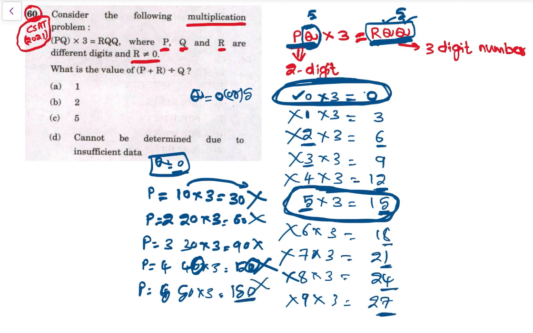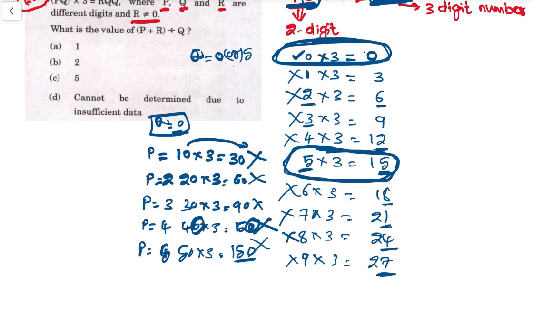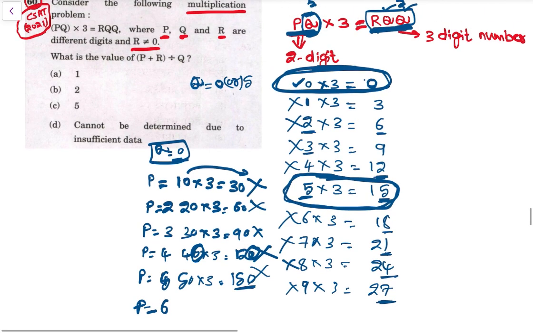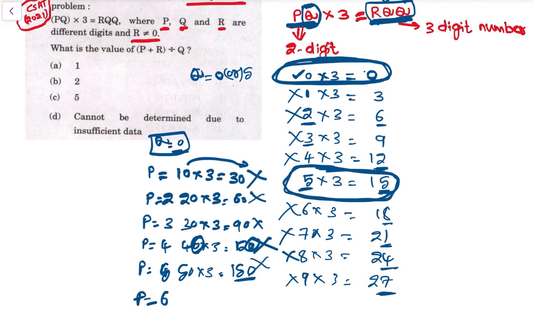I am doing it for everything to explain the entire concept. If p is 6, otherwise in the exam we can simply say that 60 into 3, 70 into 3, there is no need to do all these calculations. 60 into 3 is 180. It is also not in the form of rqqq because the two q digits are not equal.